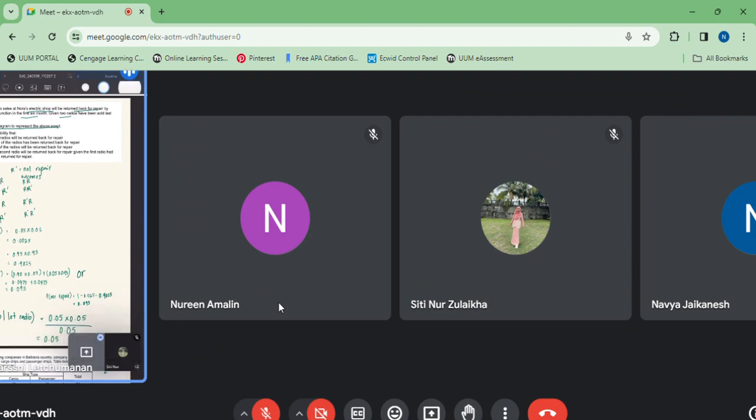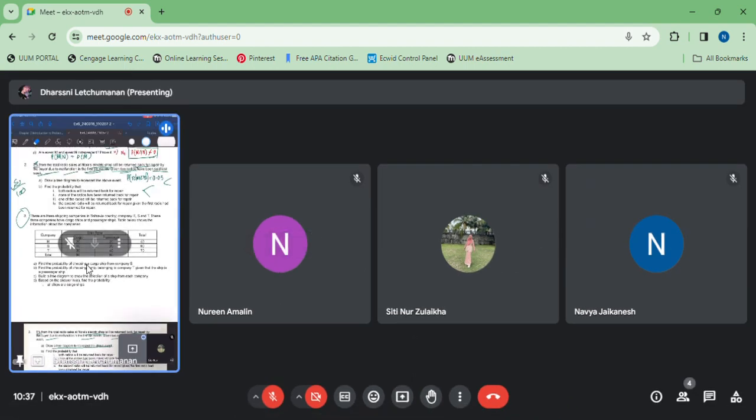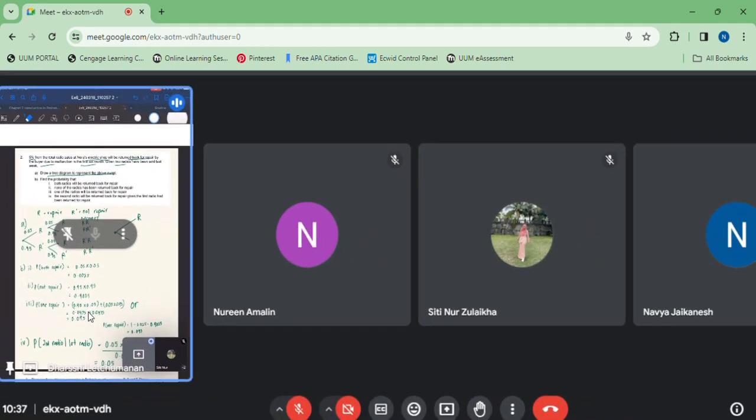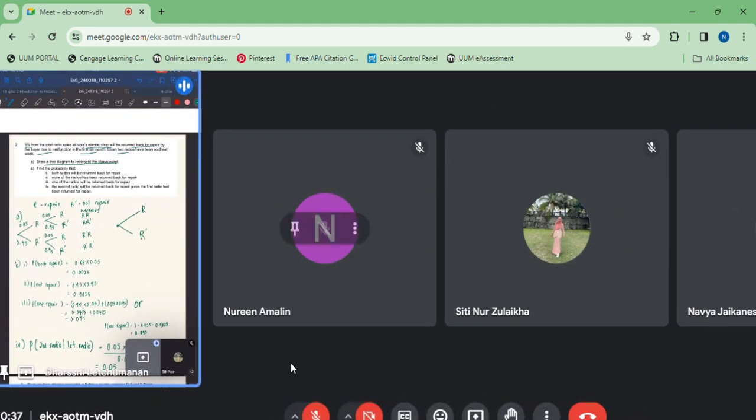When you start the tree diagram, you put a dot here, and then you pull the branches. This is returned for repair. You can also use returned and not returned to the radio shop for repair. And this one I put R prime, which means not repaired. So this one is 0.05.